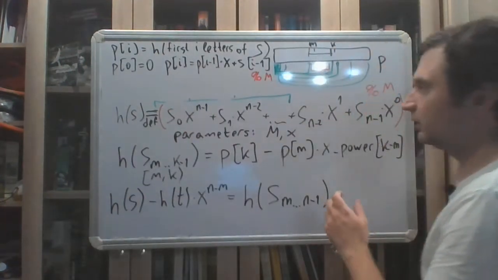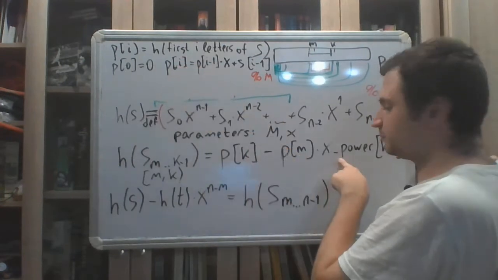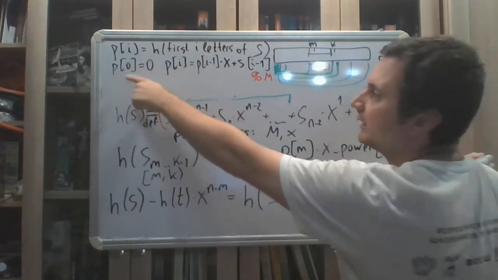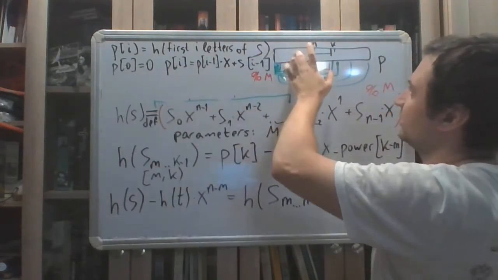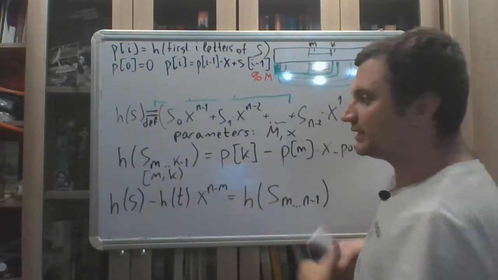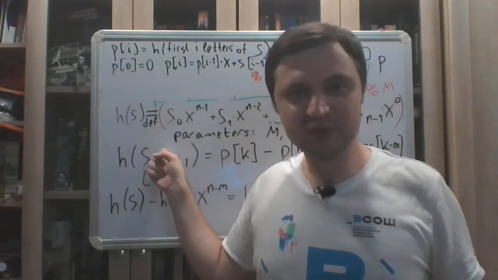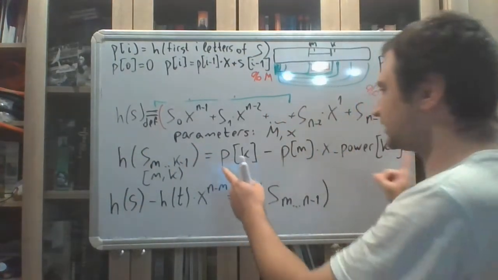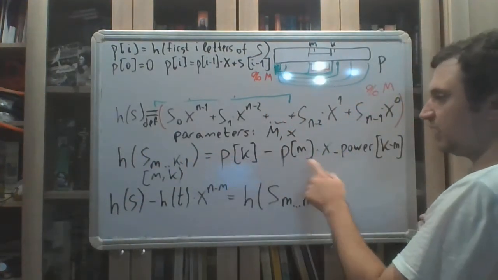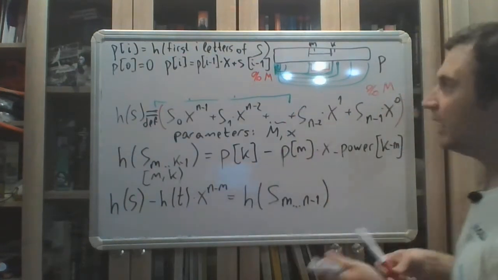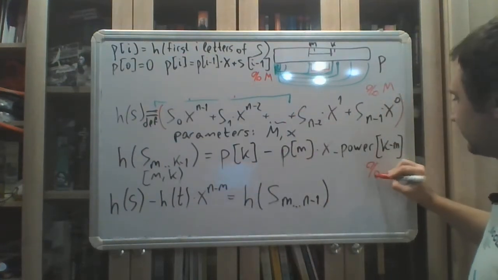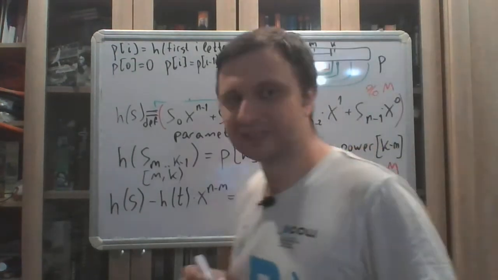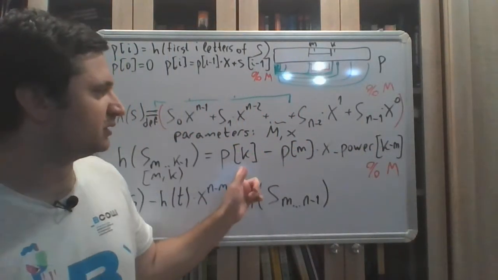And once you have x powers pre-calculated and the p array calculated for the specific string, you can take any substring of your string, and the hash of this substring is calculated with one multiplication and one subtraction. And of course, taking the entire thing modulo m. Once again, definitely in each operation.